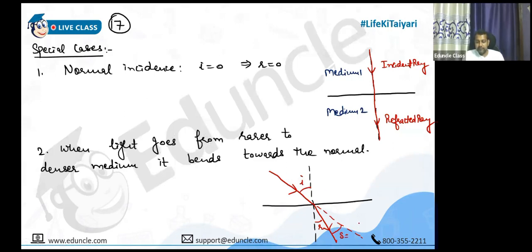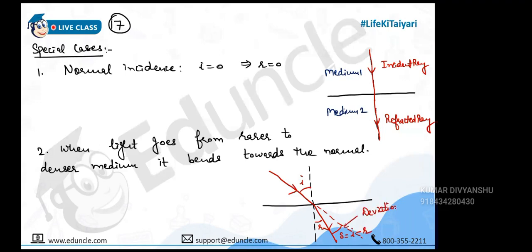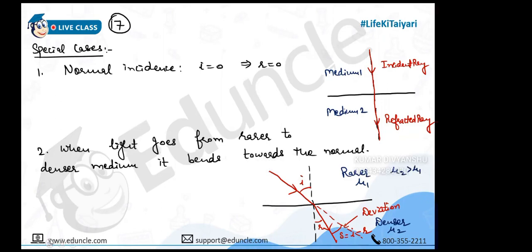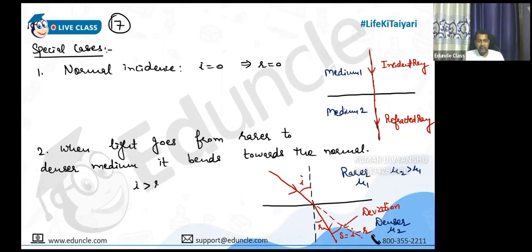Obviously it is I minus R. This is the rarer medium and this is the denser medium. Rarer to denser means mu2 is greater than mu1. So I is greater than R. Clear to everyone?